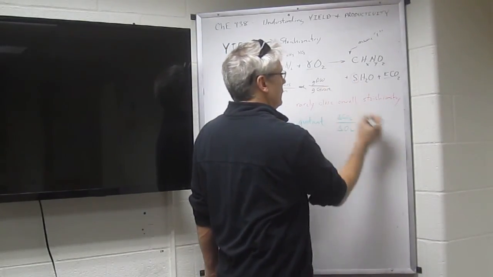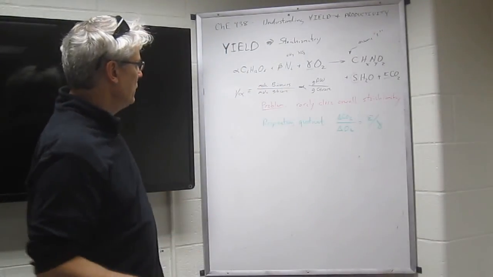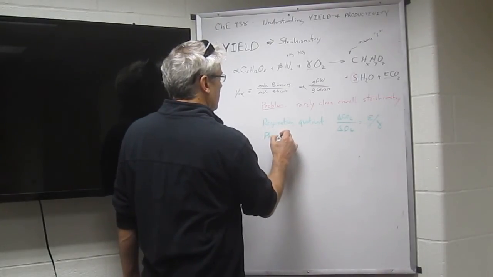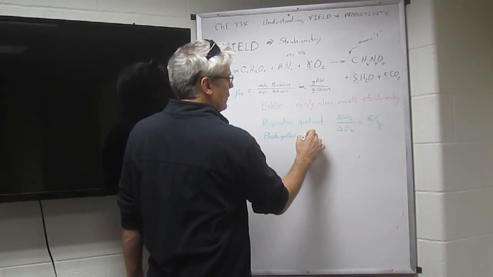On a molar basis, that would be epsilon over alpha. In the photosynthetic world, there's also another number that you'll see used a lot, the photosynthetic yield, ratio or yield.